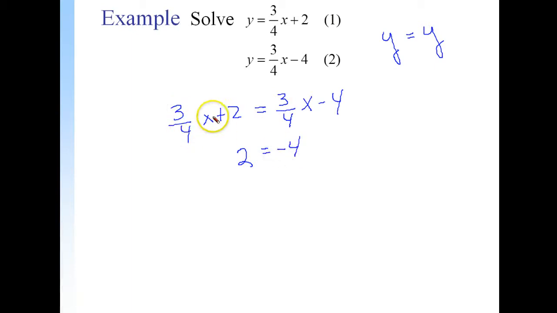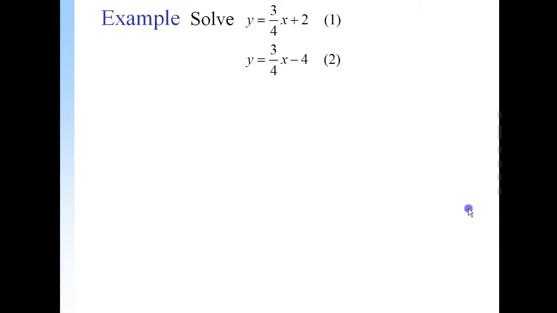That is, subtract this, subtract that, they disappear. Now, is this a true statement? And the answer is no. So when you're working through substitution or any method and you get a not true statement like this, there is no solution because the lines are parallel. So that was a shortened version here.